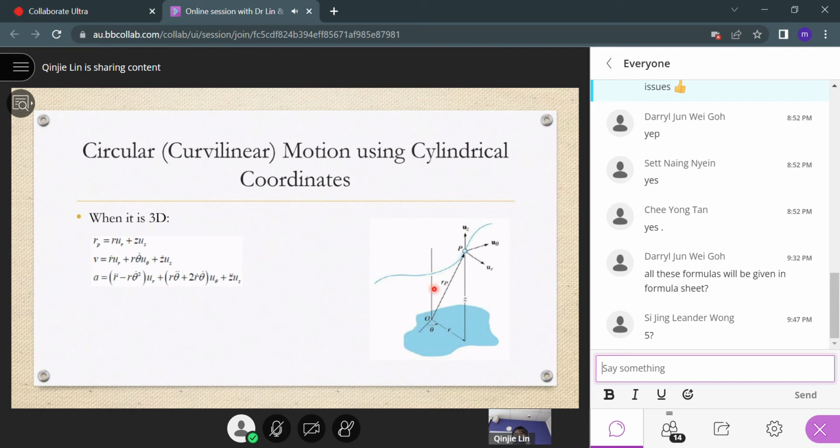Then if we have 3D, remember we say it's cylindrical coordinates, because the whole thing looks like a cylinder. You have r, then a theta angle here, then you also bring it upwards. So it's cylindrical coordinates. In cylindrical coordinates, these equations will apply if you need to use them.